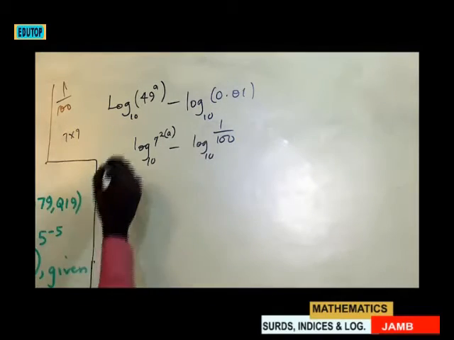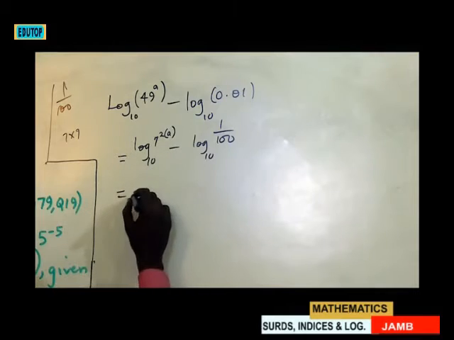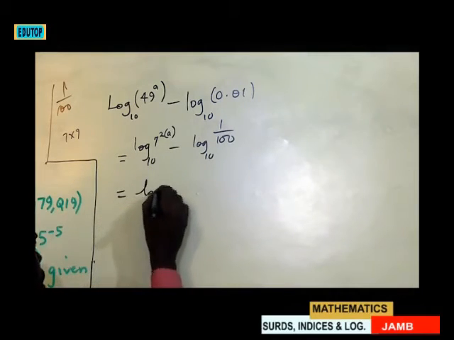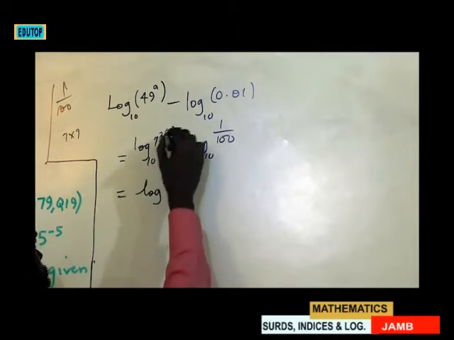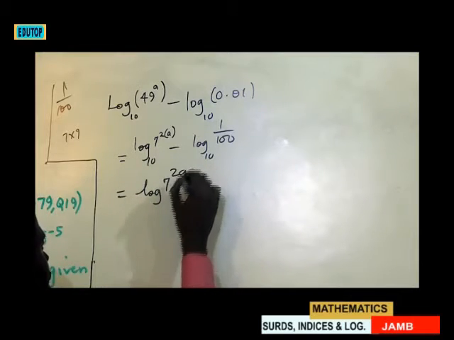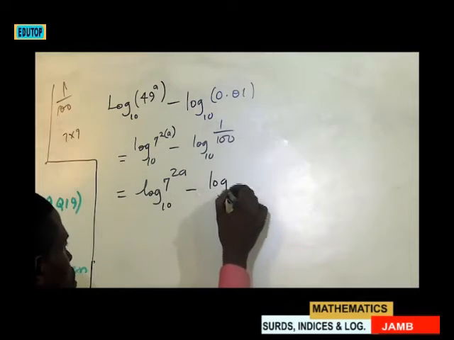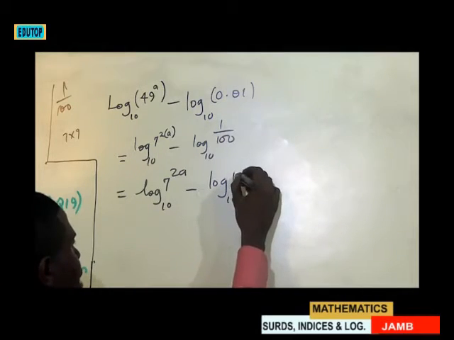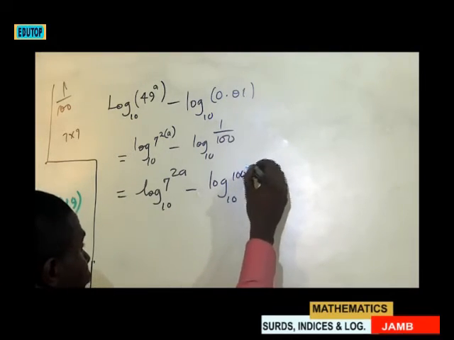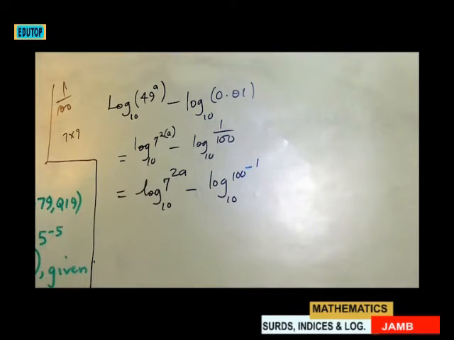Now, to simplify this, you have log 7, 2 times 8 is 16. Minus, this one can be written as log to base 10 of 100 raised to power minus 1, by law of indices.